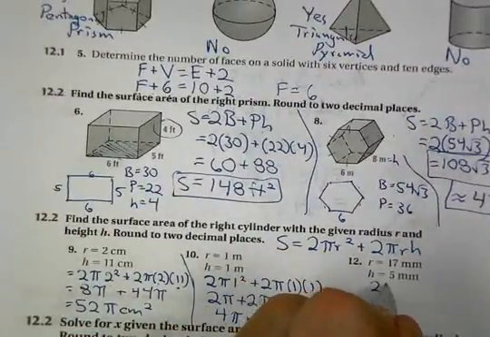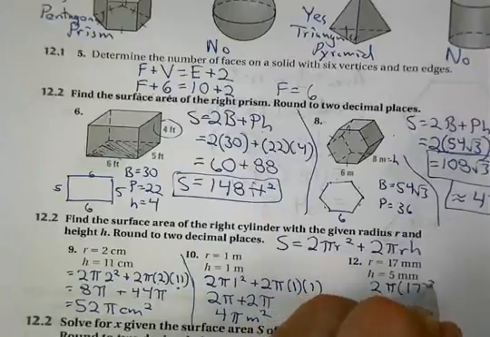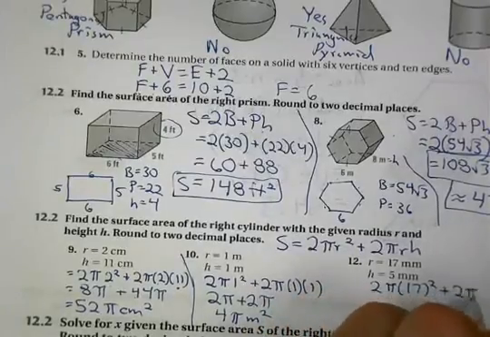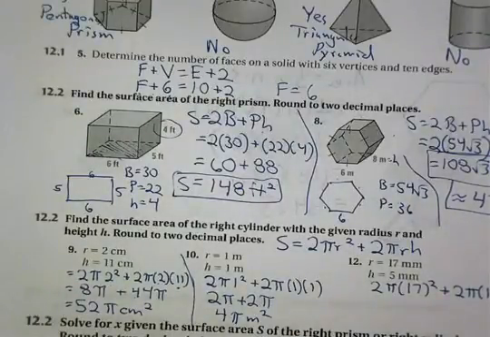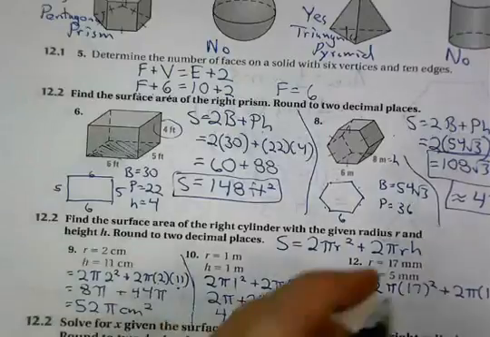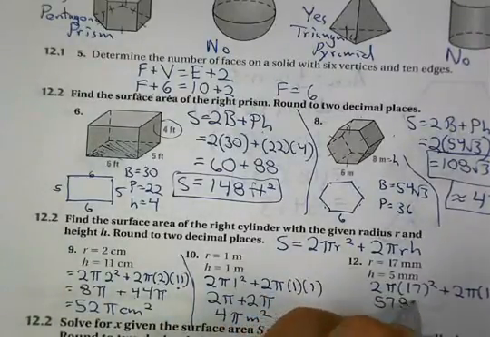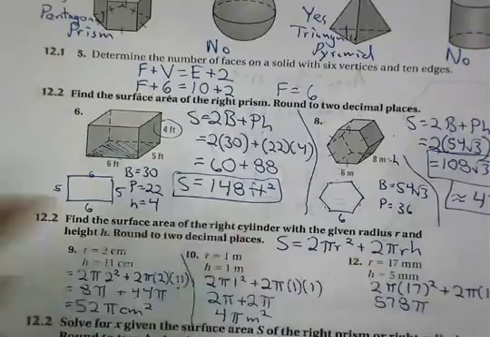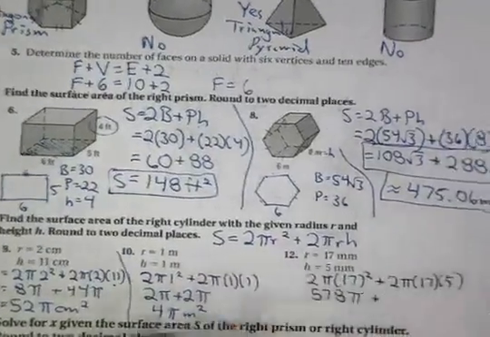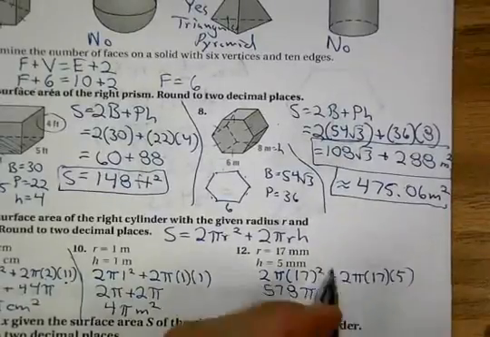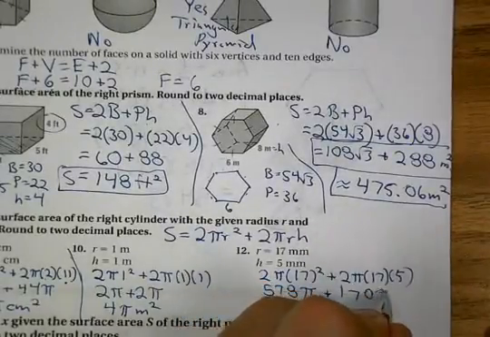Okay, last one, 2 pi times 17 squared plus 2 pi times 17 times 5. I have 17 squared is 289 times 2 is 578 pi. I add to that 17 times 5 times 2, which is 170 pi.